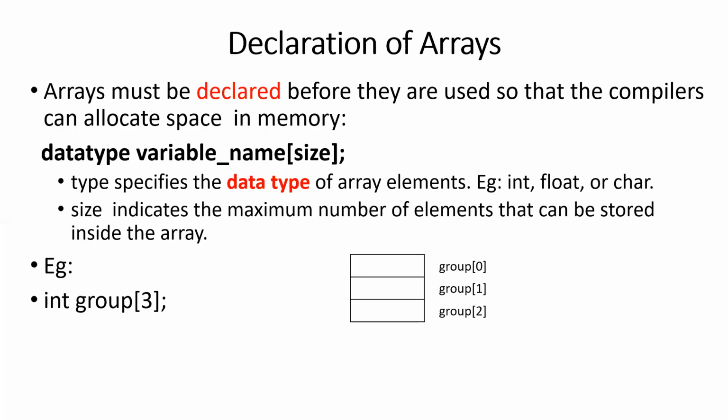When we were talking about functions or variables, we first said we should declare a variable or a function, whichever we are using in a program, so that the compiler will get to know this variable is going to be used and its data type is integer. And for a function, the name, the return type, and the arguments.